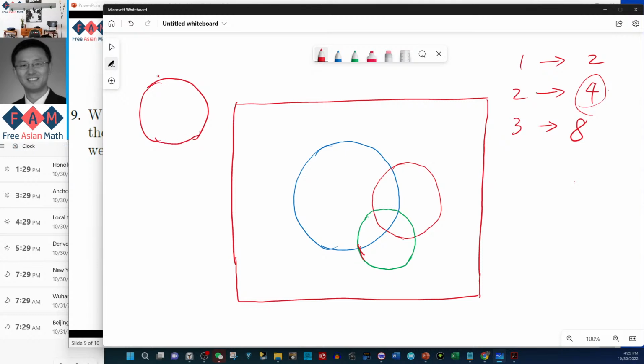We just draw half or a portion of this circle. It enters this circle, right? At this time, it has only one intersection with this circle. We create one intersection point.